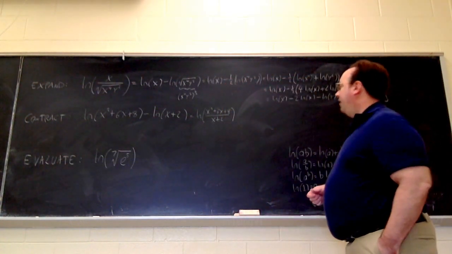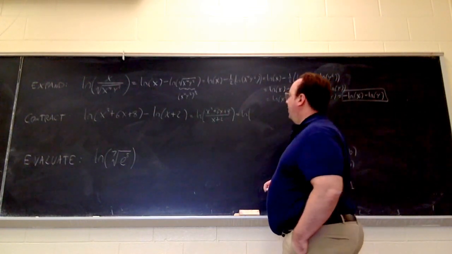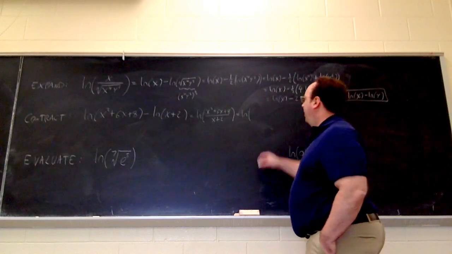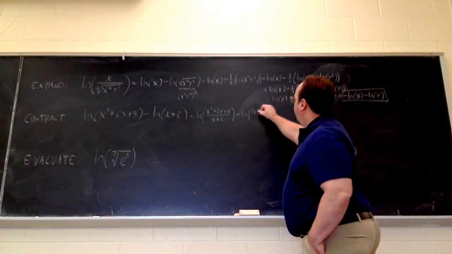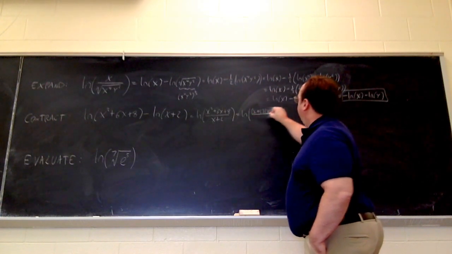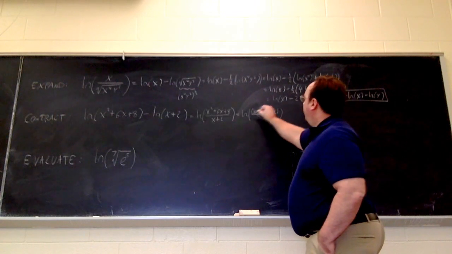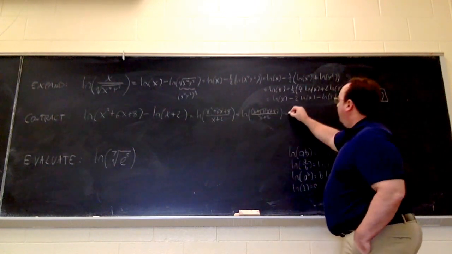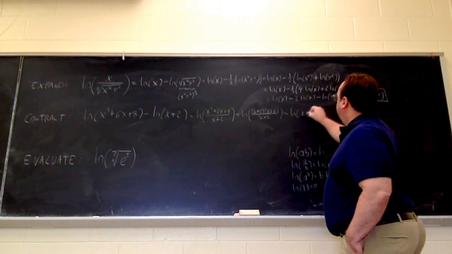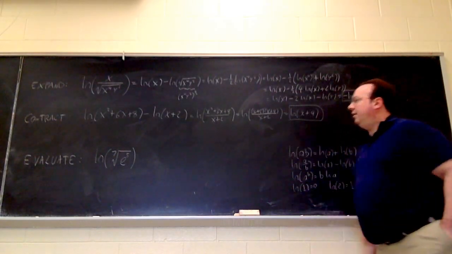But now we need to simplify, if we can. So the numerator can be factored. x squared plus 6x plus 8 factors into x plus 2 times x plus 4. There we have over x plus 2. So the x plus 2's cancel, and we're left with natural log of x plus 4. So that is the final answer there.